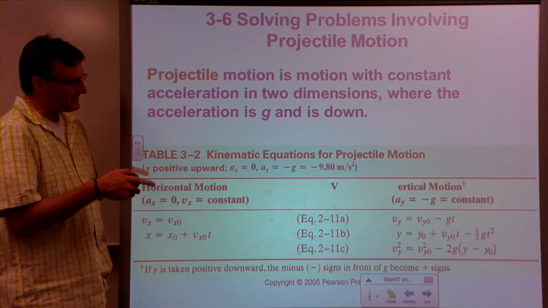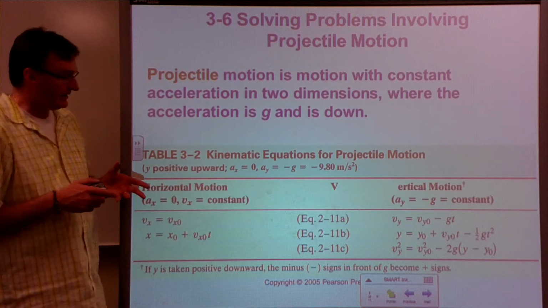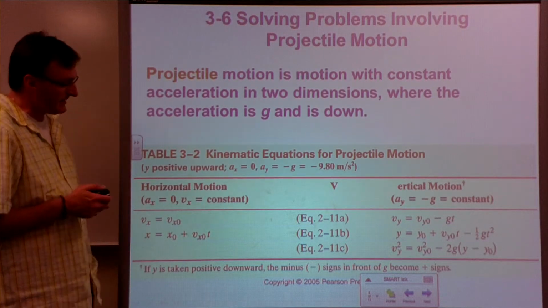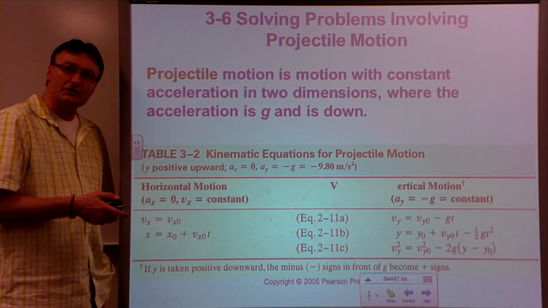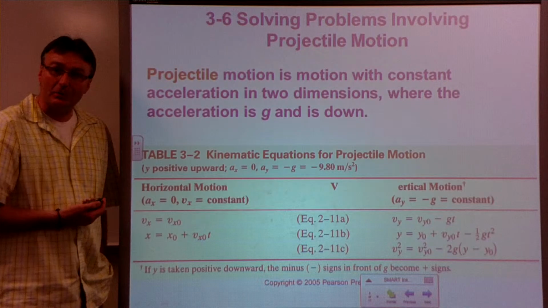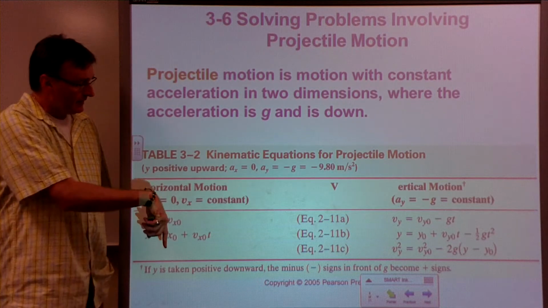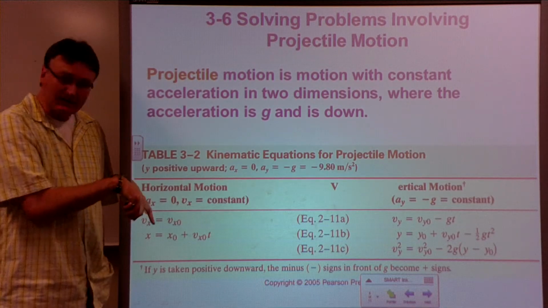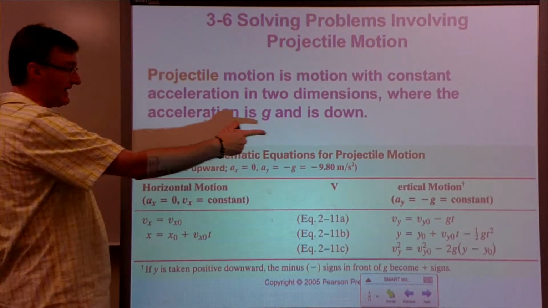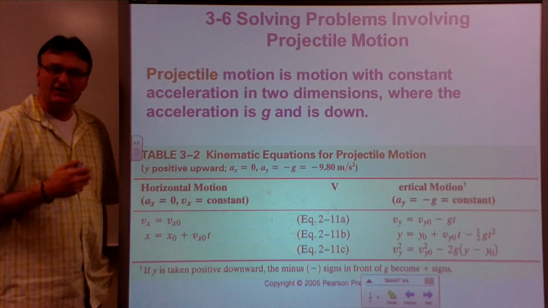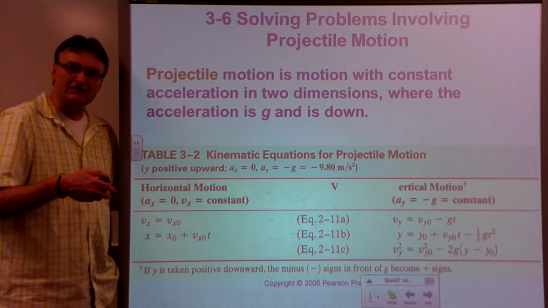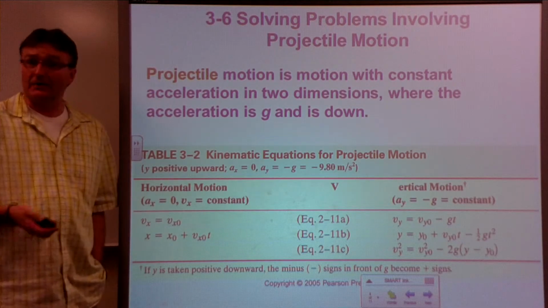The important thing about this is that we want to be consistent in the use of direction, and so it's probably best if we just stay consistent: up would be positive in the y direction, down would be negative in the y direction, positive in the x direction would be to the right, and negative in the x direction would be to the left. So if we just remain consistent with that, then it just makes it easier for when you're looking at somebody else's work.